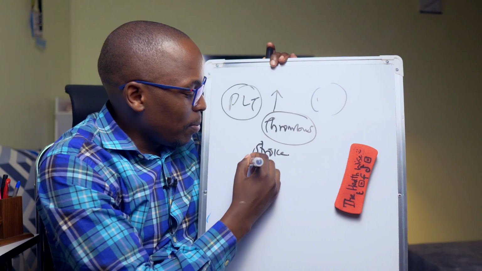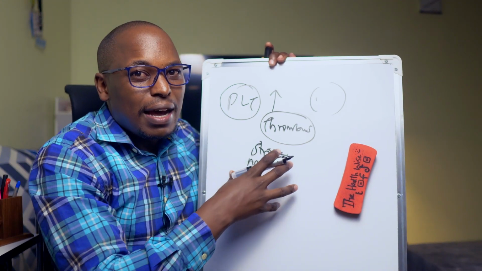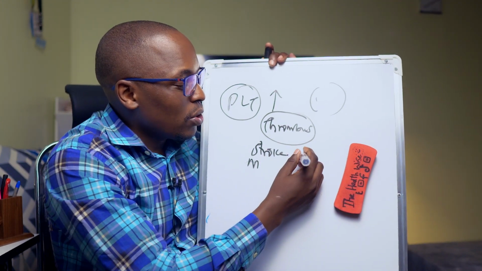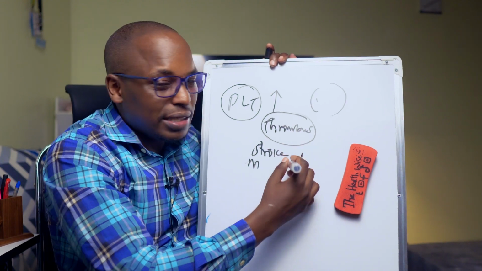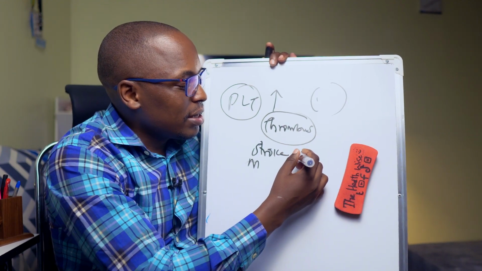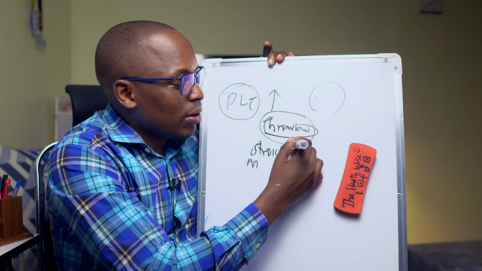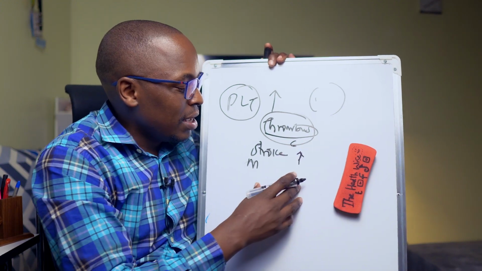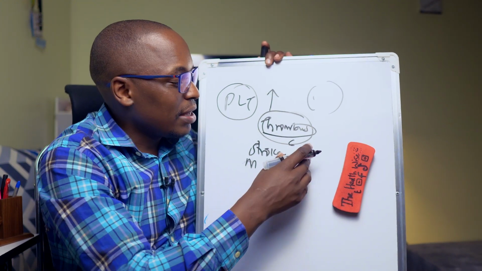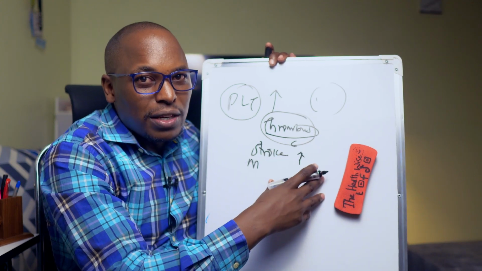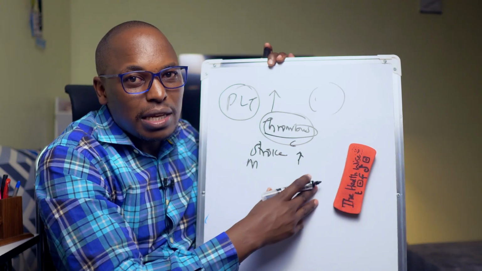You might also get myocardial infarction, those heart attacks, because the heart is also supplied by arteries, and if this thrombus, the clot, lodges in one of the arteries, it means that your heart will not be getting enough oxygen or enough of the nutrients, and that might trigger heart attacks.